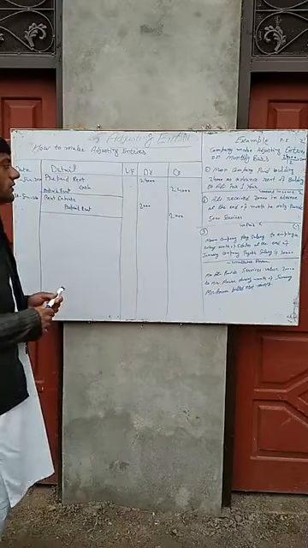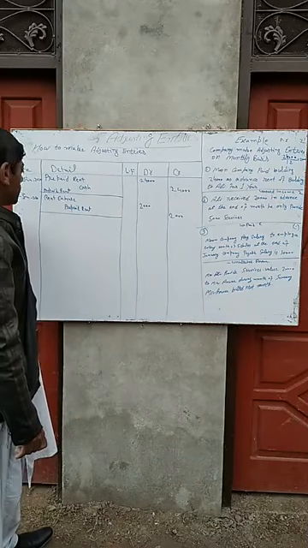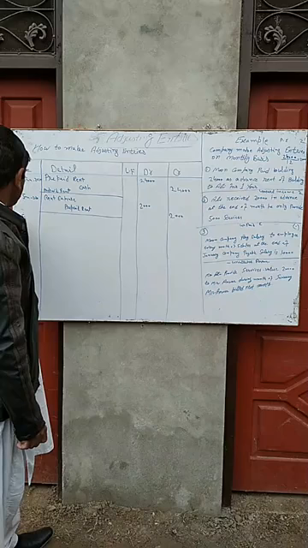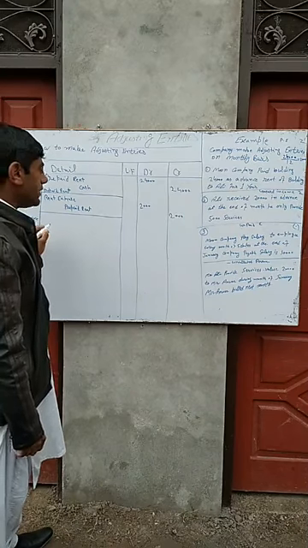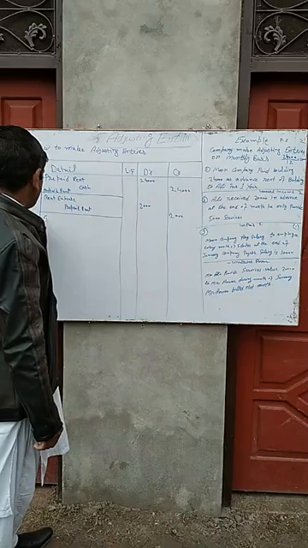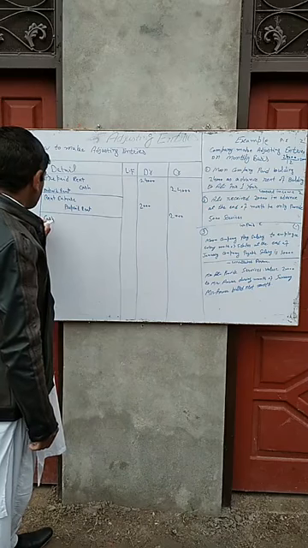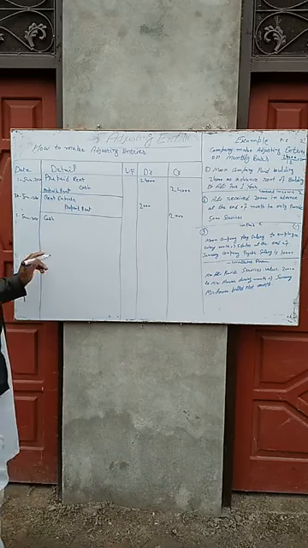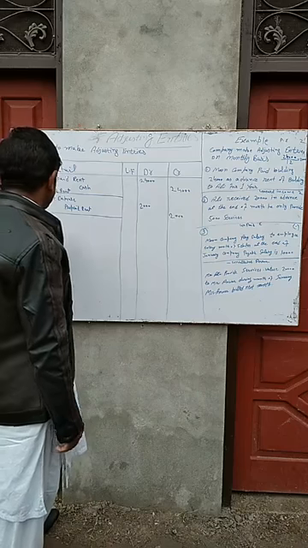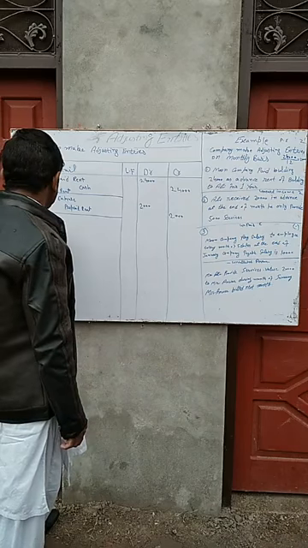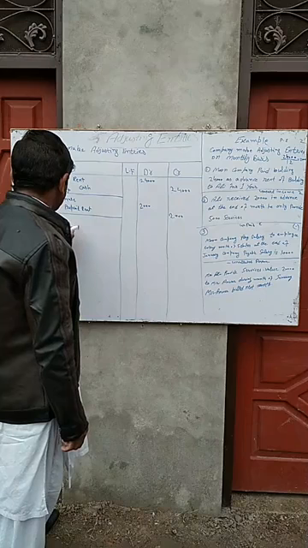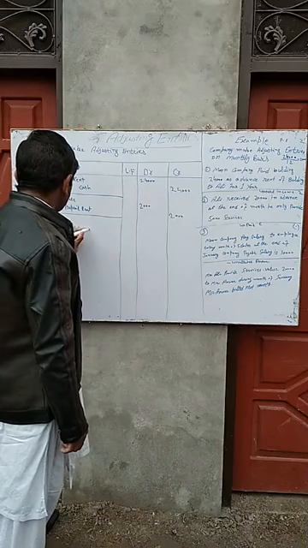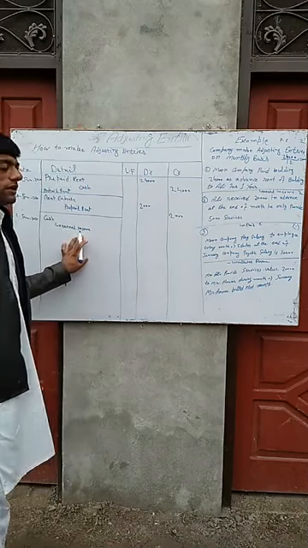So when he received it, he passed an entry on 1st January 2020. He received income in advance. When he received it, then cash debit, and unearned income or revenue credit.